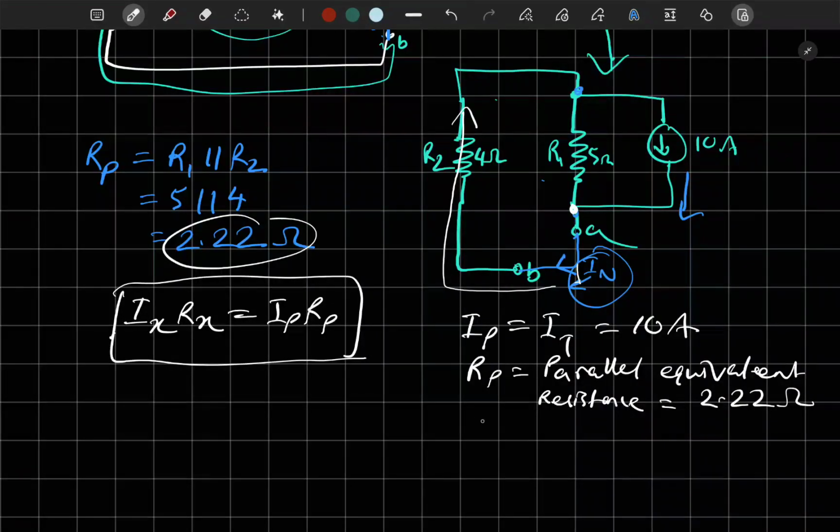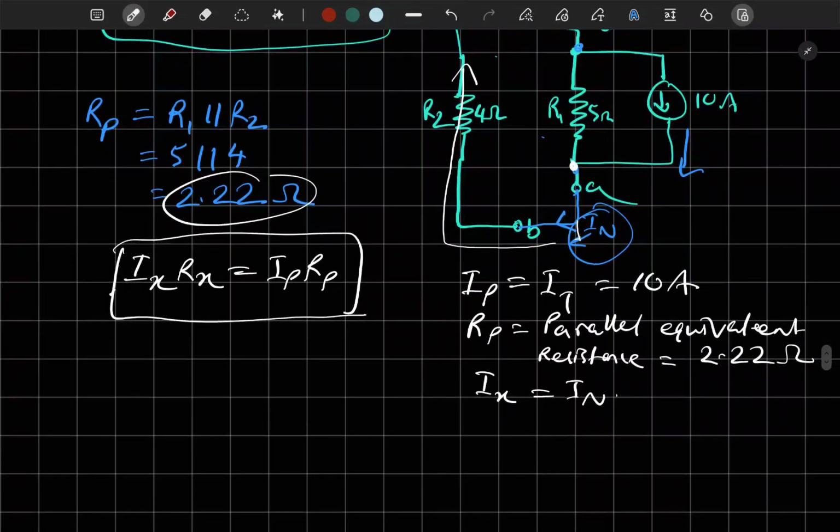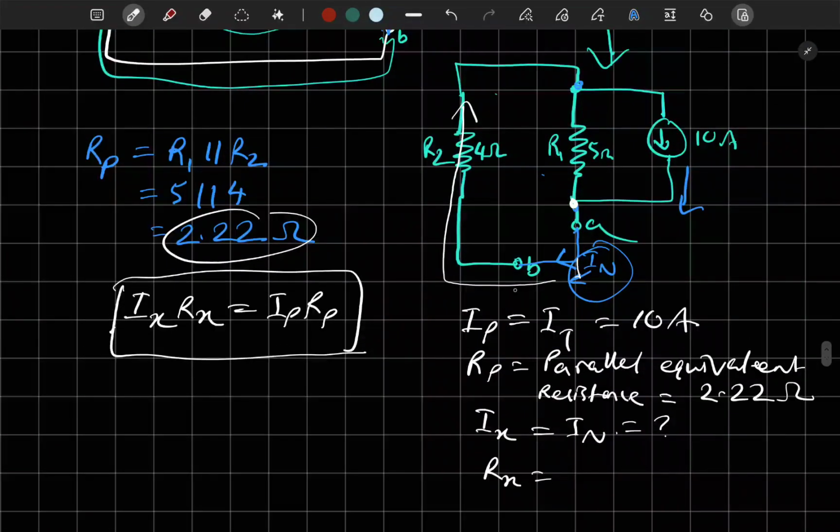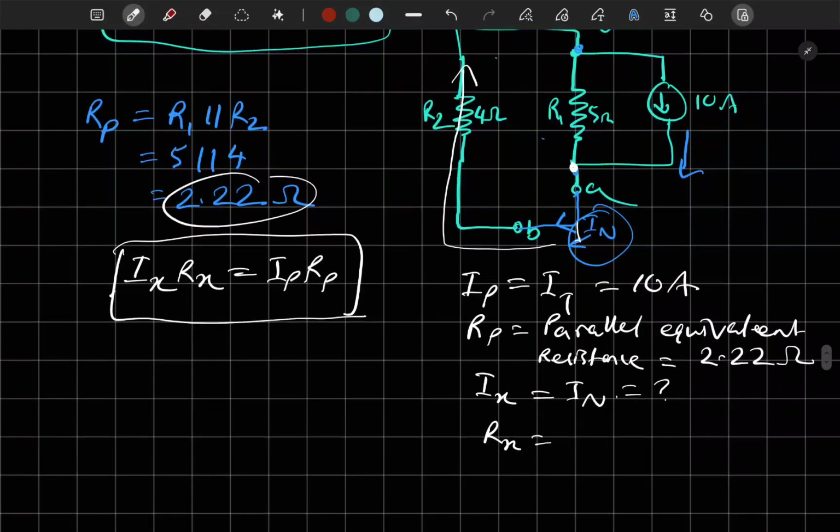IX is the current we will find. So IX equal to IN, Norton. And RX is the resistance across which IN is flowing, which is R2 here. So R2 equal to 4 ohms.